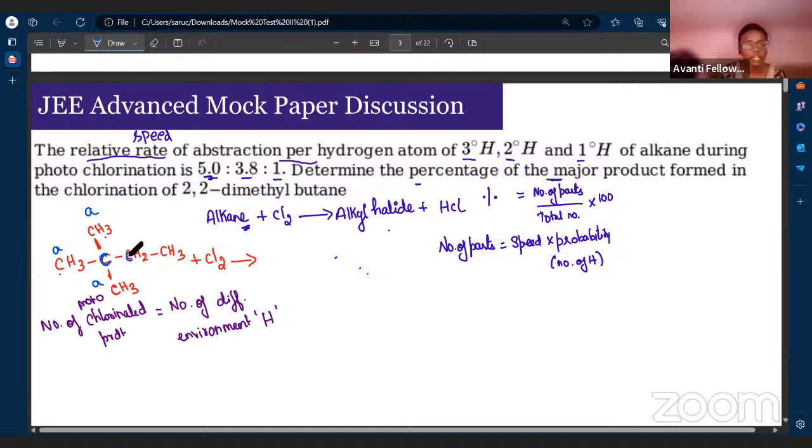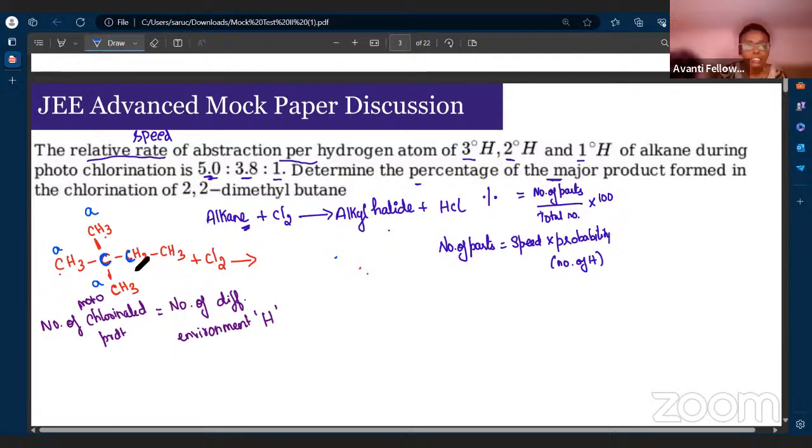Moving to this carbon, it is attached to carbon on one side and CH3 on the other side. So is the environment the same as A? No, the environment is different. In A, CH3 is attached to carbon. Here it is attached to carbon and CH3, which is different.